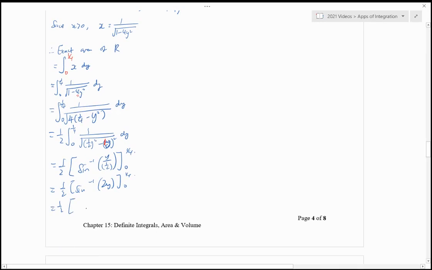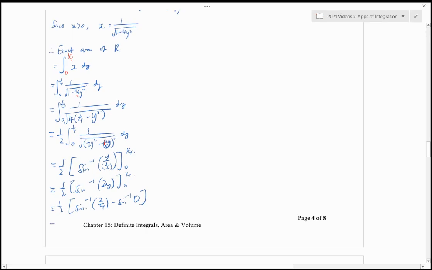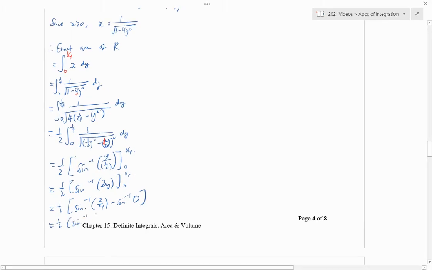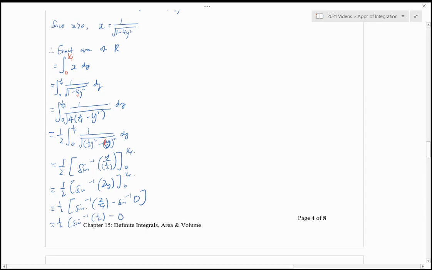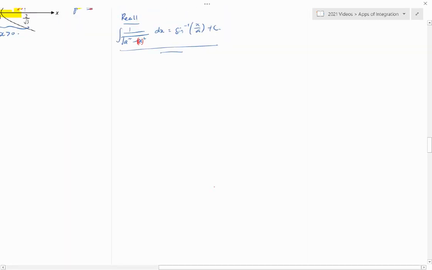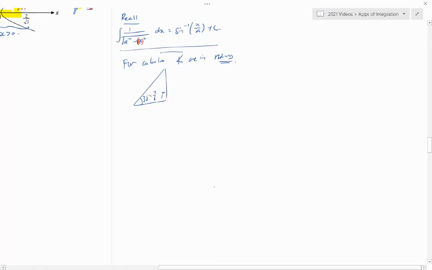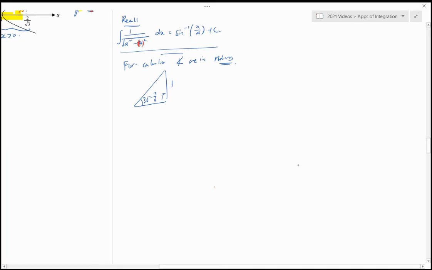This means this is half of sine inverse of 2 over 4 minus sine inverse 0, meaning half of sine inverse half minus 0. Now remember, this is integration and differentiation. For calculus, angles are in radians. If you're looking at the angle 30 degrees, which is pi by 6 radians, the sine of this is half.